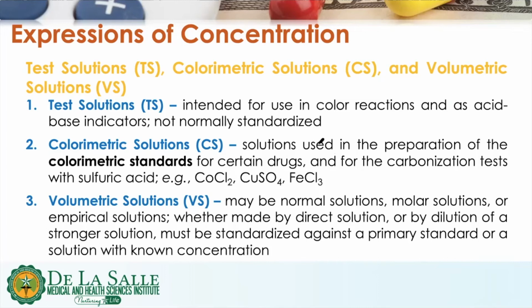These are commonly used in tests where the change in the color of the test solution is observed to determine whether there is presence or absence of a particular compound in the substance or in the unknown solution.